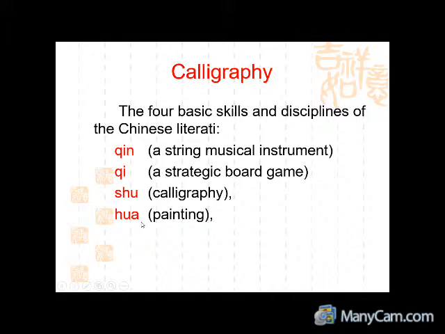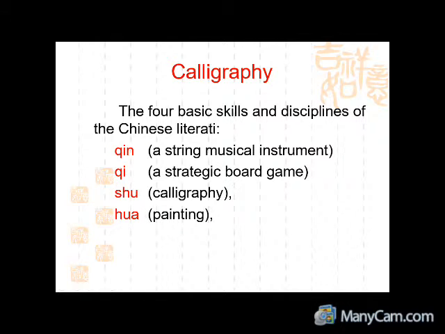We can have 2 vowels, and it's always the tone that goes on to the middle vowel. So if we have more than 1 vowel, 2 vowels, rarely 3, the tone is on this middle vowel here, the U. Hua means painting or drawing.